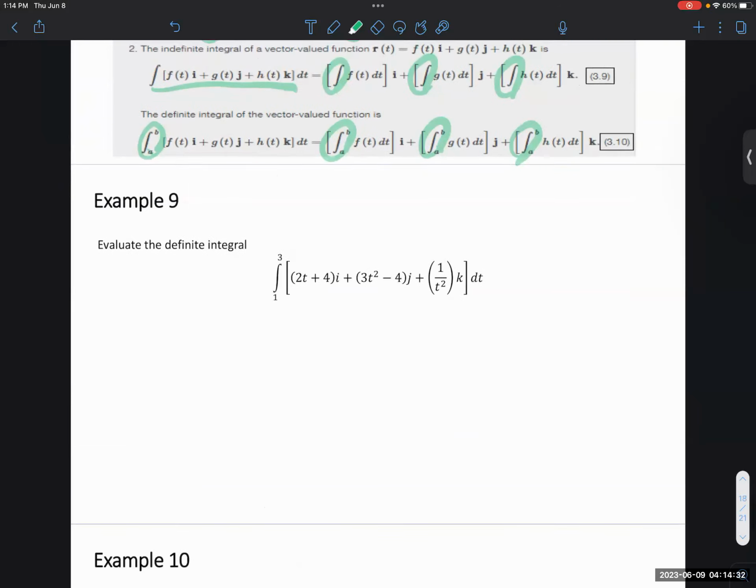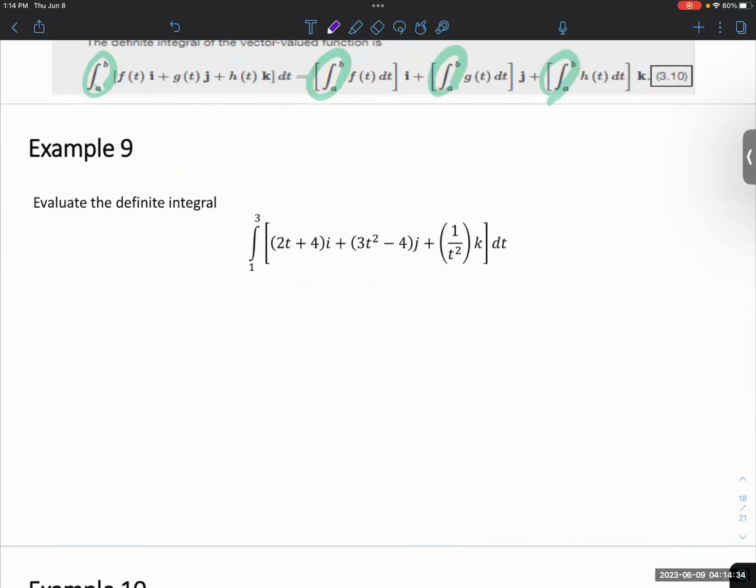I just want to do this last example. So this is the integral, and I can separate it. The integral from 1 to 3 of 2t plus 4 dt, in terms of i.